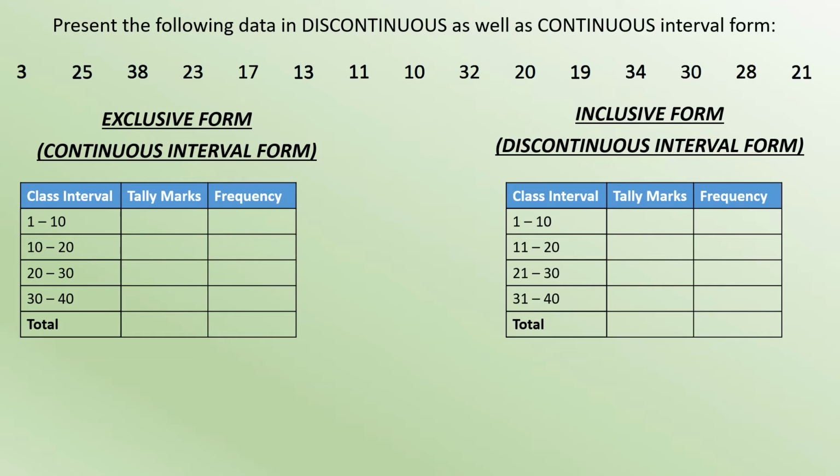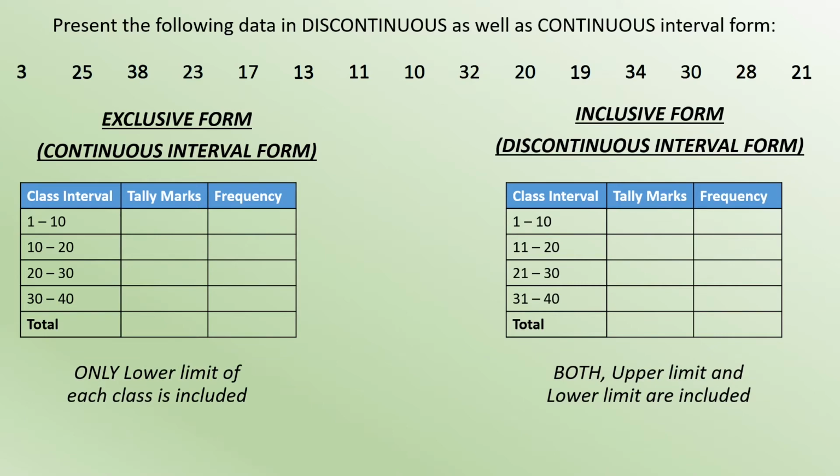Now we start with the tally marks. We take one by one every number available in the data. We have to keep in mind exclusive form, we are counting only the lower limit, or we are including the lower limit only. We are not including upper limit in every class intervals. Whereas in inclusive form we are including both upper and lower limit.